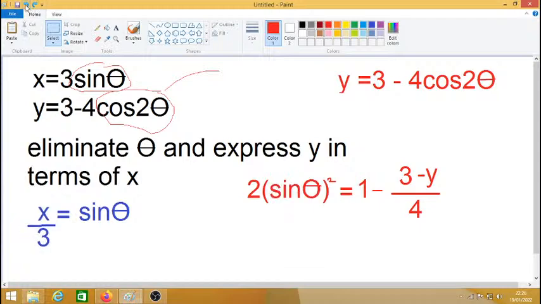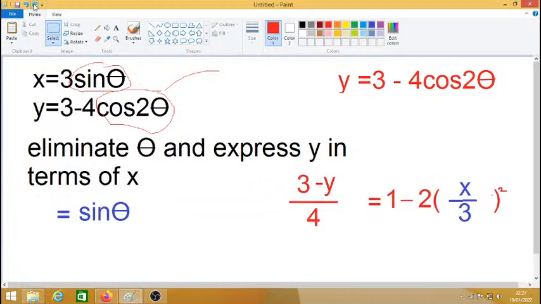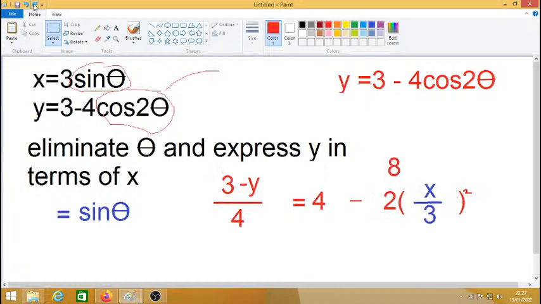And then more rearranging followed with the first equation so that we got sine theta on its own, and then we could substitute into the sine squared theta here, remembering that sine squared theta is really sine theta squared. So then the x over 3 went in, and then just rearrange so that you get y on its own, times everything by 4, take everything across, and then change the signs.